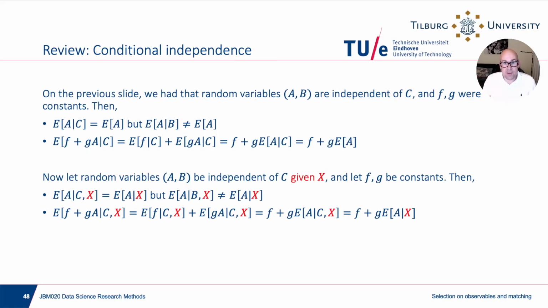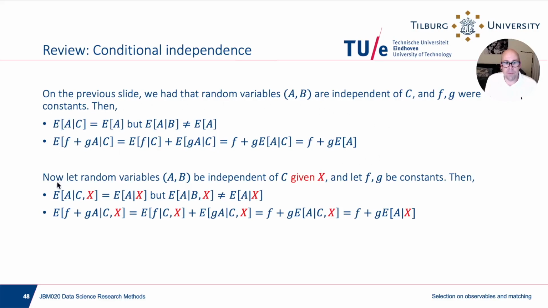Now we bring conditional independence into the picture. On the previous slide, we had A, B independent of C and constants F, G. Then we had these things holding.